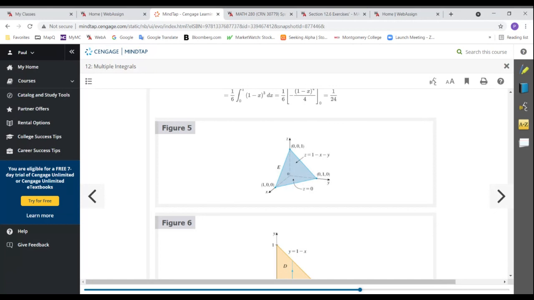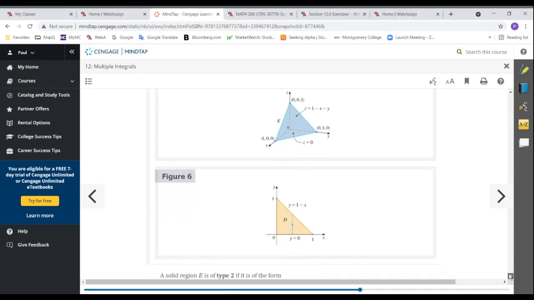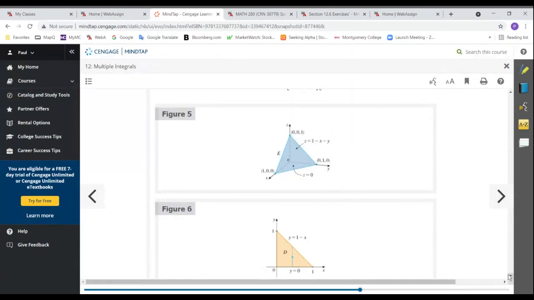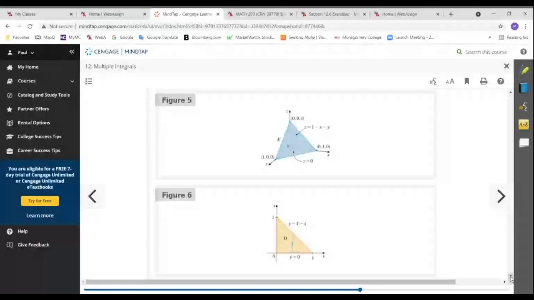All right, and so note that solid, and if we were to project that solid down into the xy plane so that we could identify what our region D of integration is, that would be what you see in figure 6. Okay, please stop me if you're uncomfortable.